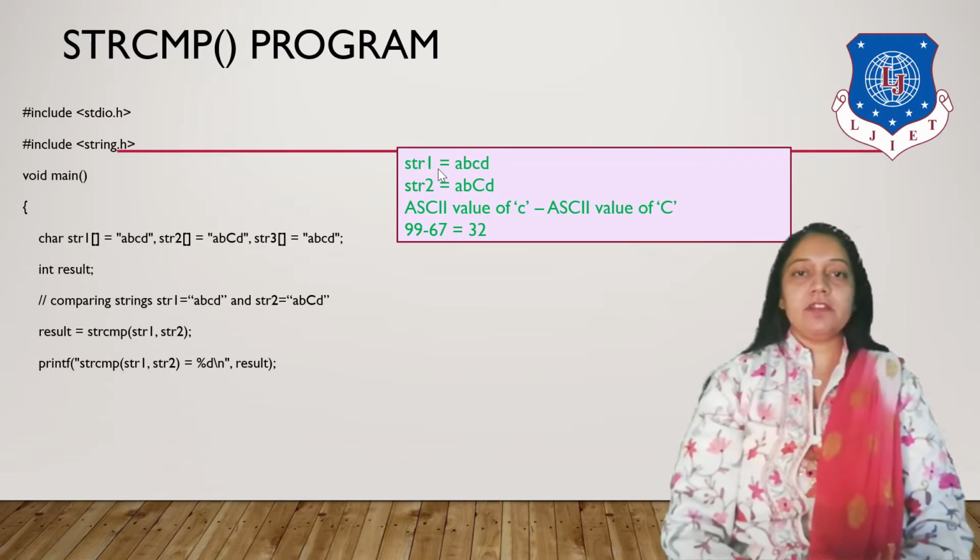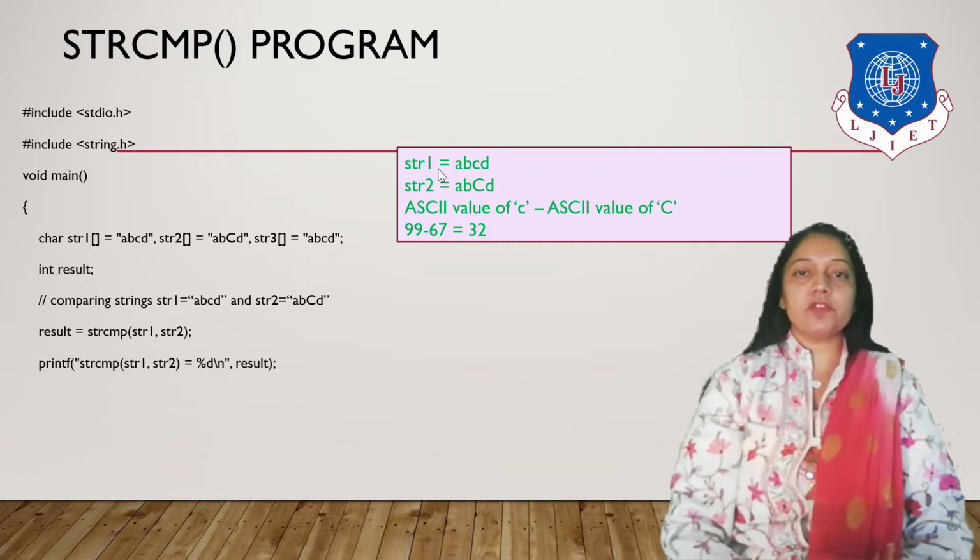First your compiler will compare the first character, that is a. It's equal, so it goes to the second character and compares b. Again it is equal, so it will compare the third character of both the strings, that is c. Now in one case it is a small c and in another case it is a capital C. Since they are not equal, your compiler will take the ASCII difference of these two.